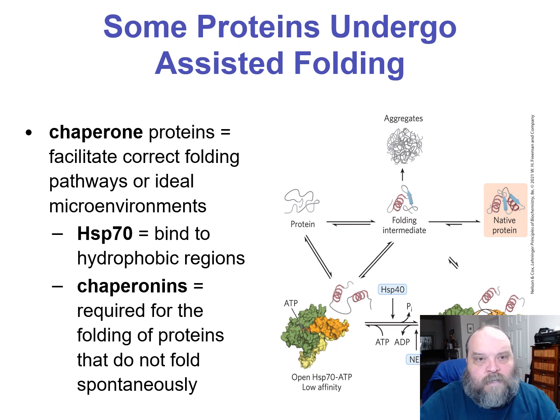One of the best ways to stress them is to put them in wrong temperatures, heat shock. At least that's how I was told the name came from. Well, HSP70 is one of these chaperone proteins. It binds and aids and acts as a chaperone, and there are other chaperonins. These are proteins that aid in the folding.